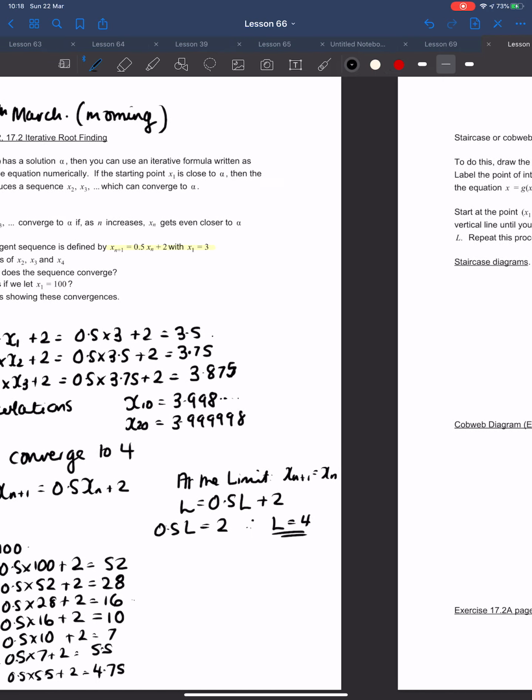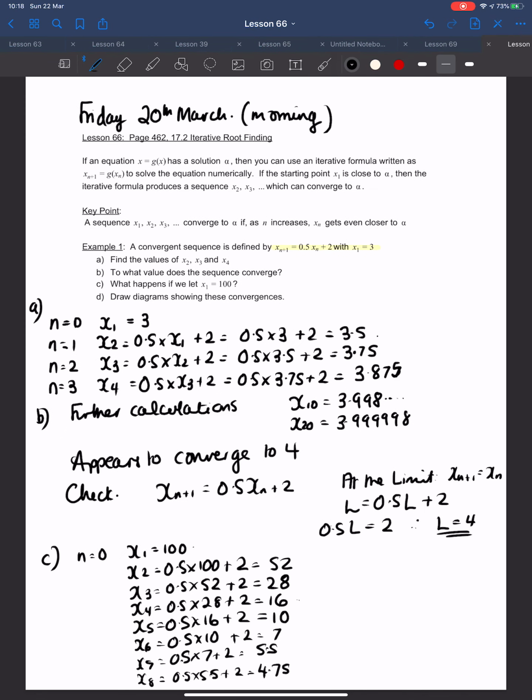So I need more paper here. Draw diagrams showing these convergences. I can do the diagram for A up here. We need to find where x equals a half x plus 2.